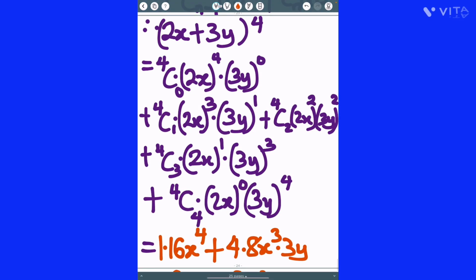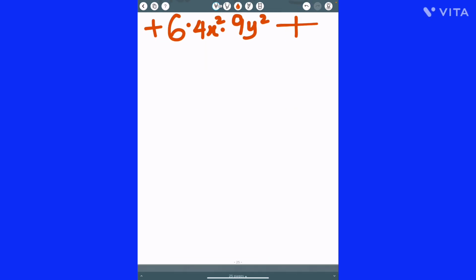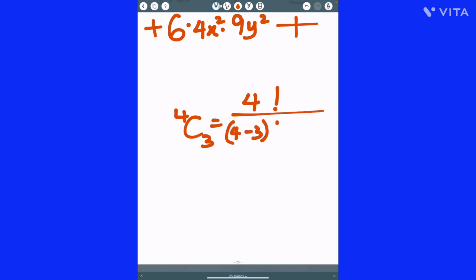My next term, I've done this. So I'm going to the fourth term now. 4 combination 3. Let's evaluate that. 4 combination 3 is 4 factorial over 4 minus 3 factorial times 3 factorial. 4 factorial is 4 times 3 factorial.